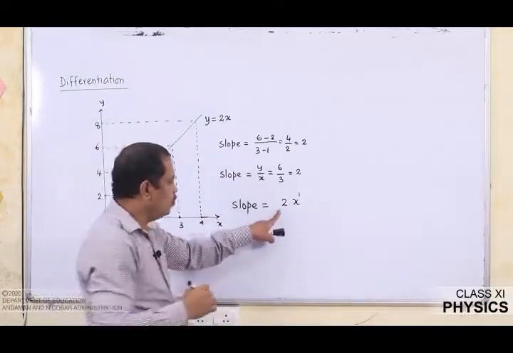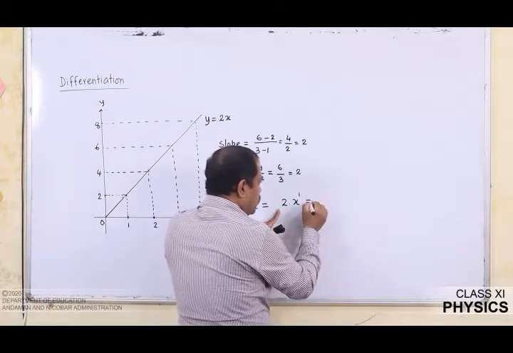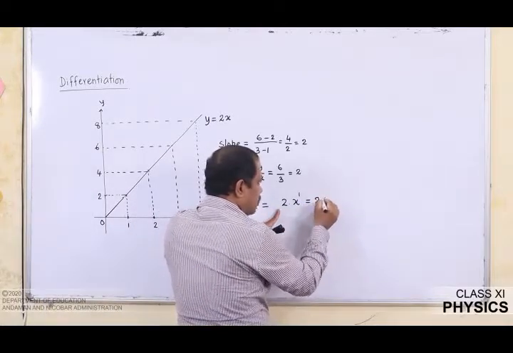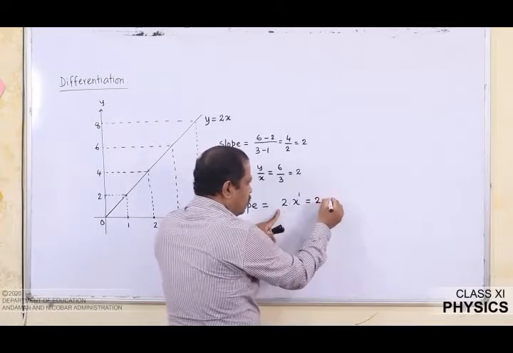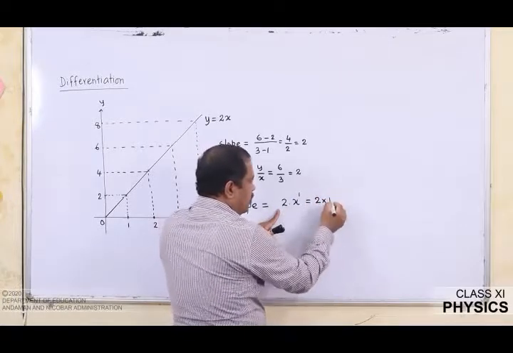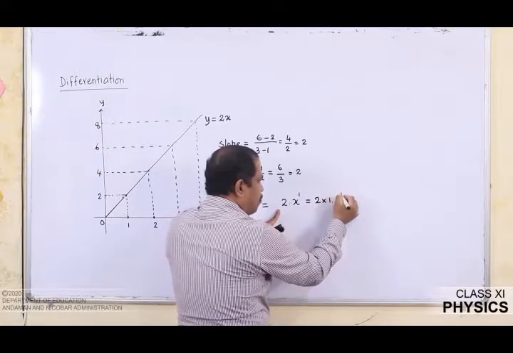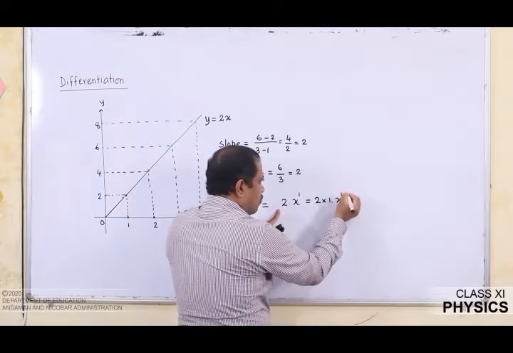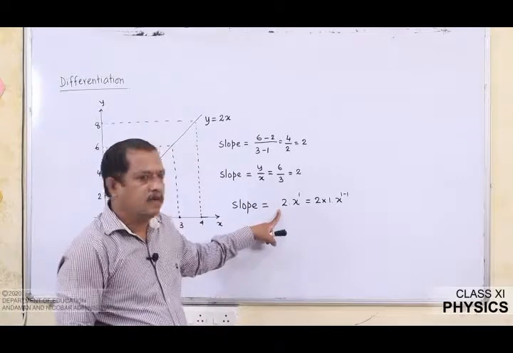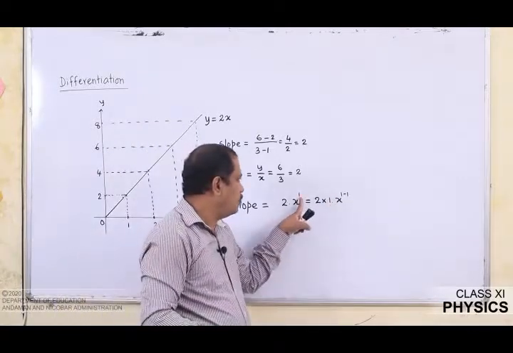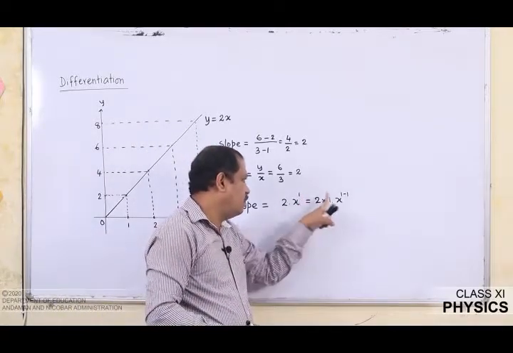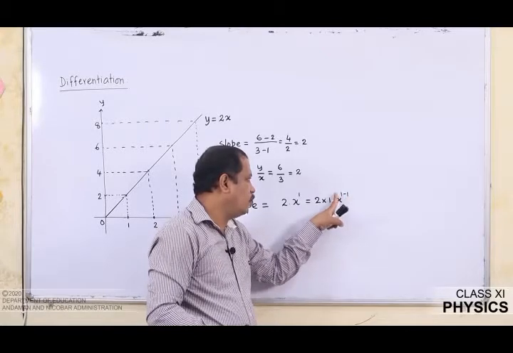Mathematically what I am going to do is, I am going to multiply the power, 2 times the power, times x, and I am going to subtract 1 from the power, which is already 1. So, 1 minus 1.